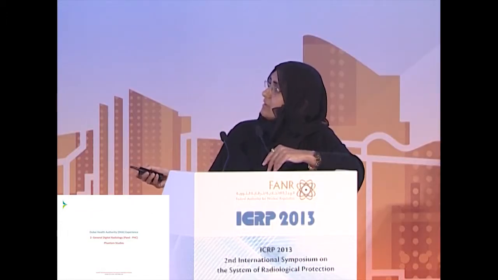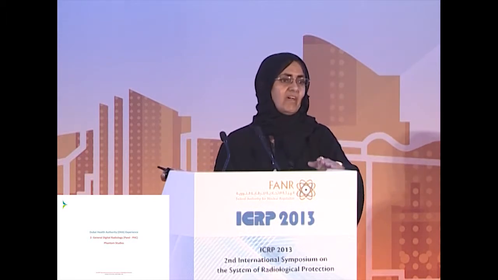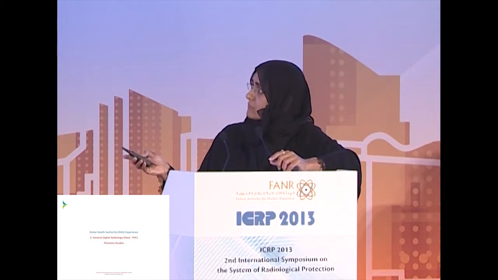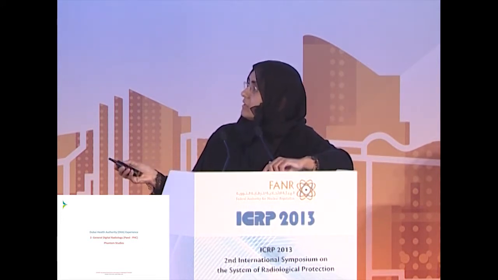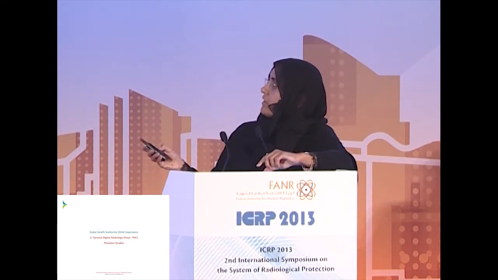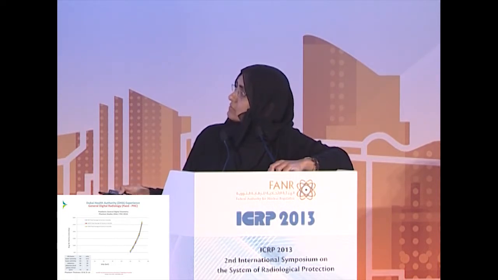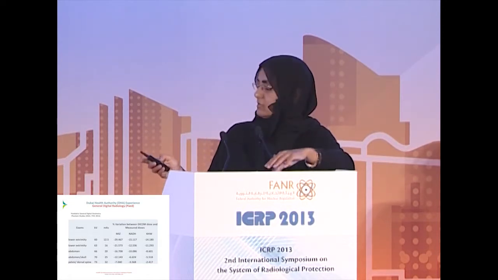For general radiology phantom studies, we compared the different machines that we have in different places, and we looked at the variation between the recorded doses and the doses that we measured. We obtained a variation between 30% and something like 2% between the measured and the calculated.